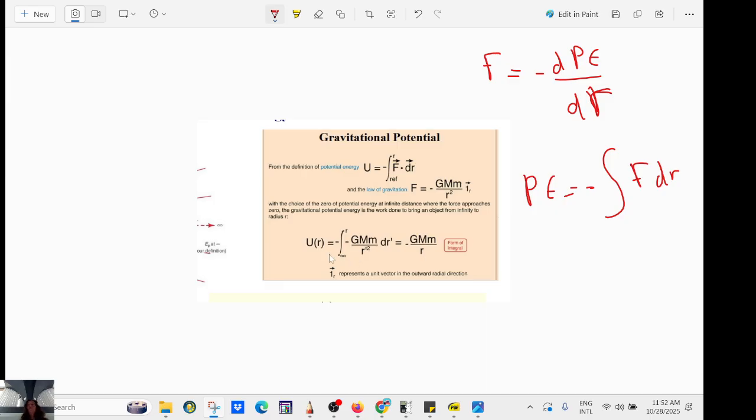So the gravitational potential energy is this expression here. It's inversely proportional to the distance. You have a minus here. That's the formal definition of the gravitational potential energy of a mass located at the distance r from the center of the Earth.